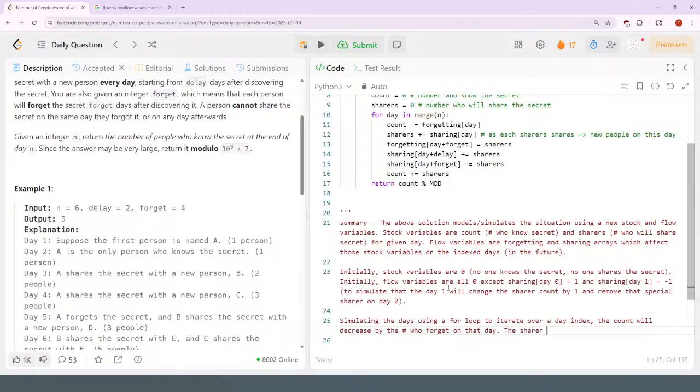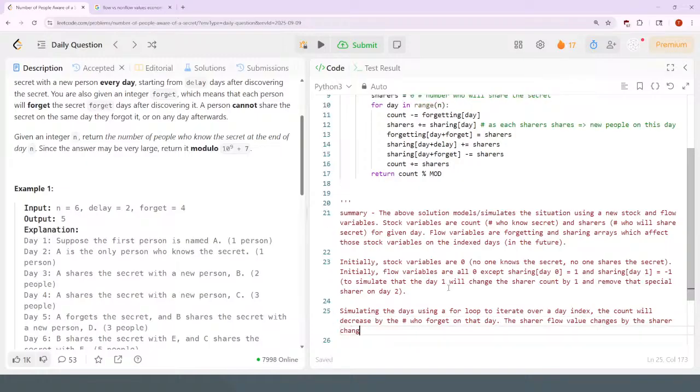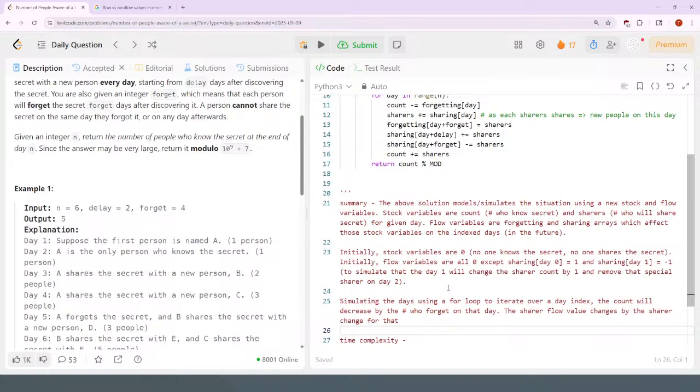The share stock value changes by the share change for that day array, based on sharing that day.